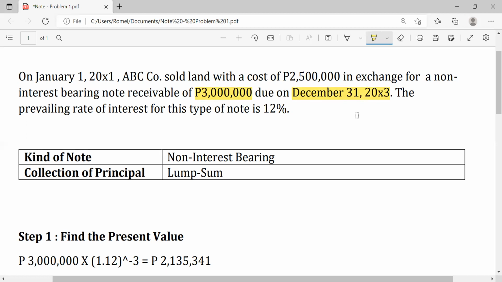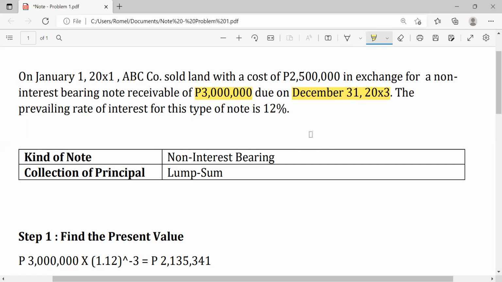So that is what we mean by lump sum. Kumbaga, isang bagsakan or one-time collection of the principal. So this is a lump sum kind of note.